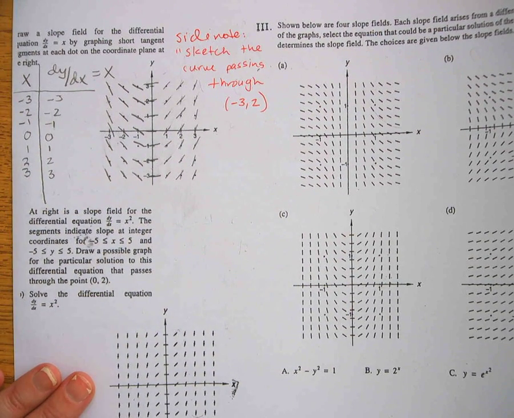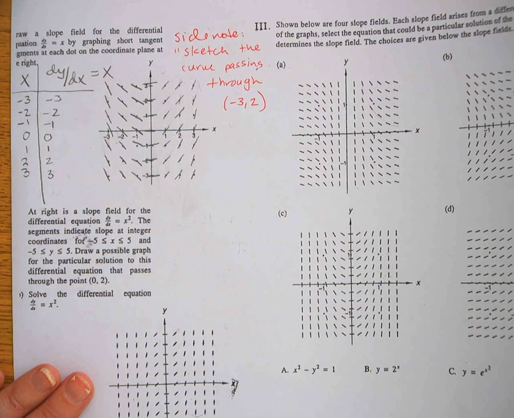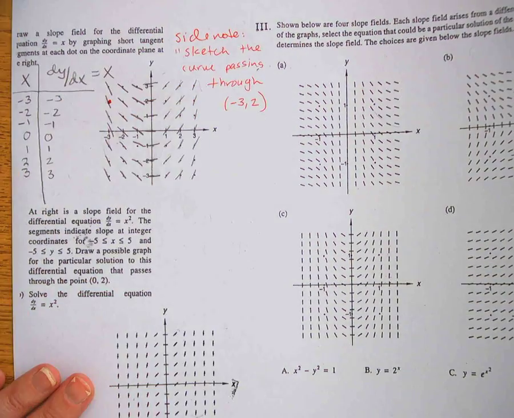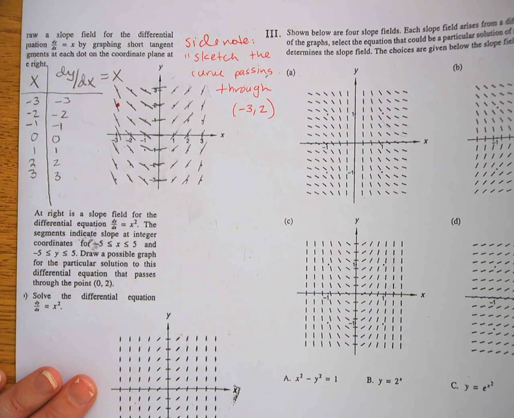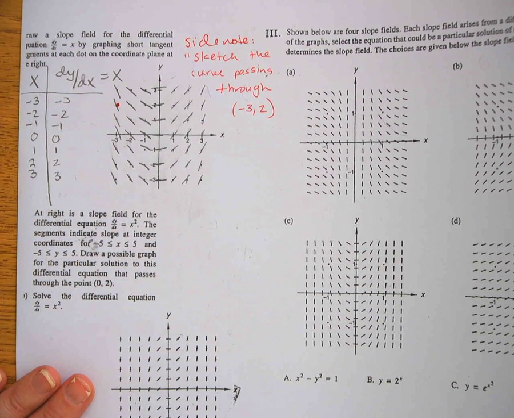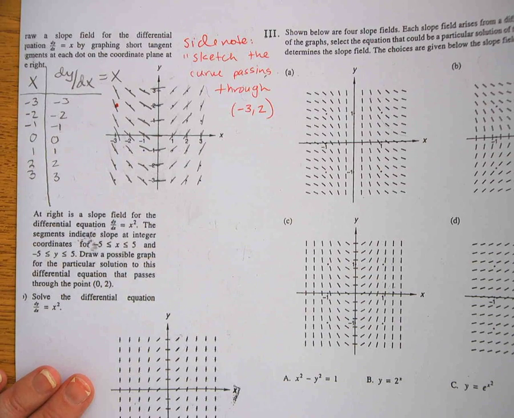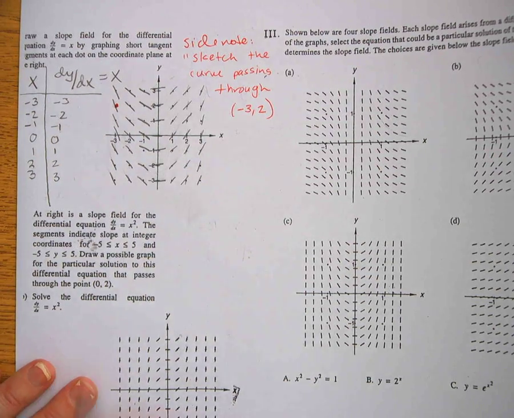So we'd locate where negative 3, 2 is, which would be right there. And then you sort of follow the direction of the slopes. That's why it's also been referred to as a direction field. So if I were to follow the directions of the slopes, because remember these are supposed to be tangent lines, it would look something like this.